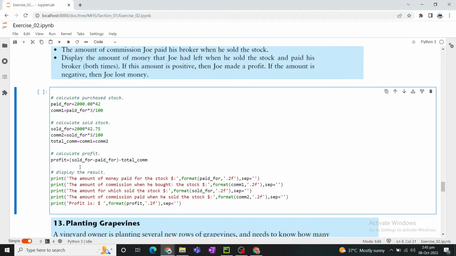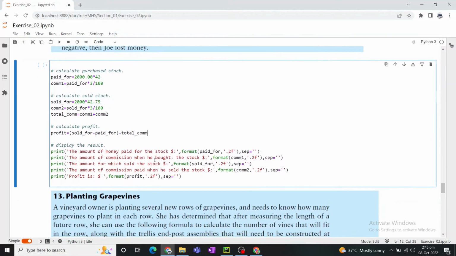And now we will subtract the paid-for amount from the sold-for amount, because the sold-for amount was bigger since he sold at 42.75, and the purchase amount was less because he purchased at $42. And after that, for the profit he obtained, now we will subtract the total commission, because this amount is debited from Joe's account as well.